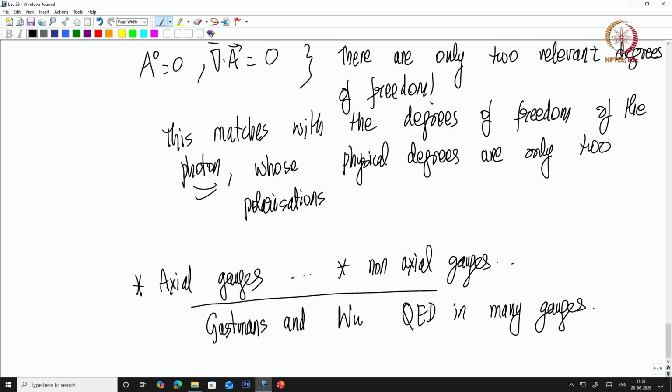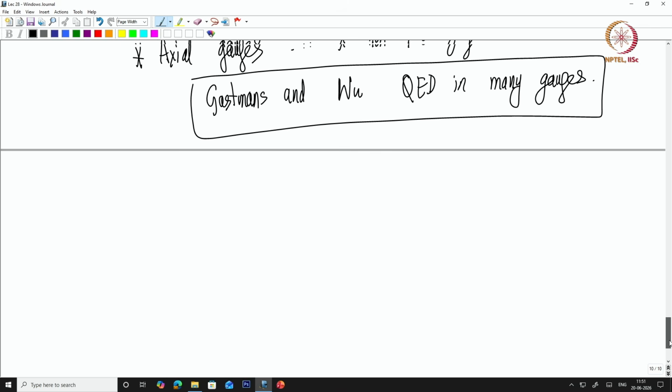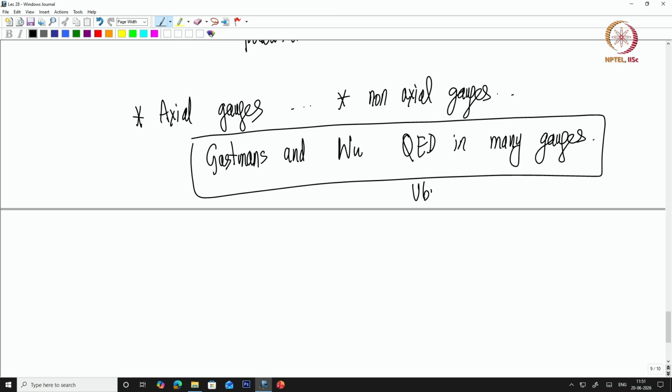I think the title is QED: The Ubiquitous Photon, if I remember correctly, a blue book. You can study it if you are interested in QED in all possible gauges and how you relate one to another, and each of them has different features.